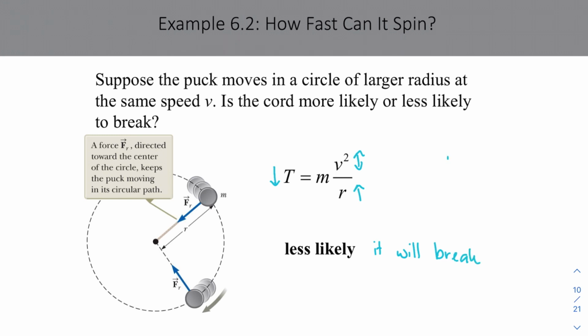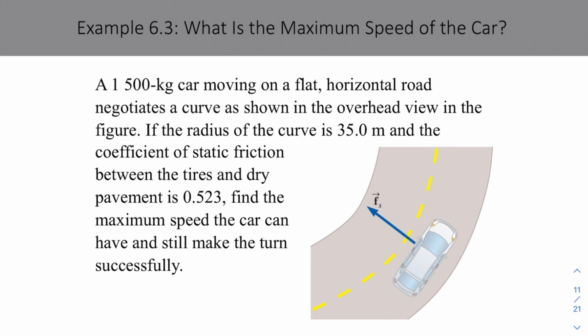Okay, because T is inversely proportional to the R. Example 6.3. What is the maximum speed of the car? A 1,500 kilogram car moving on a flat horizontal road negotiates a curve as shown in the overhead view in the figure.